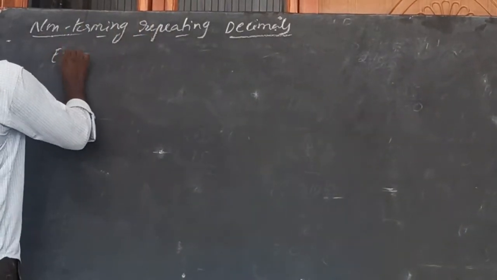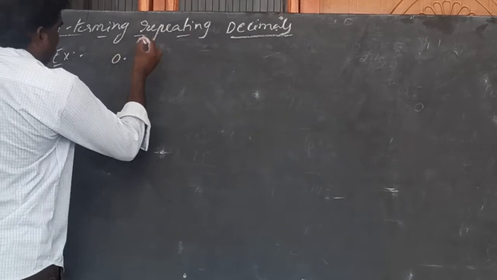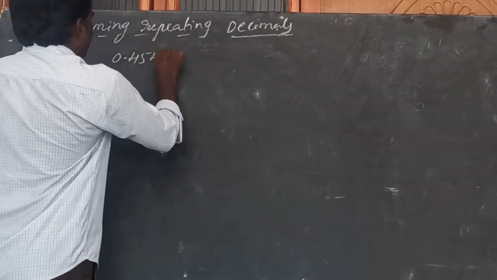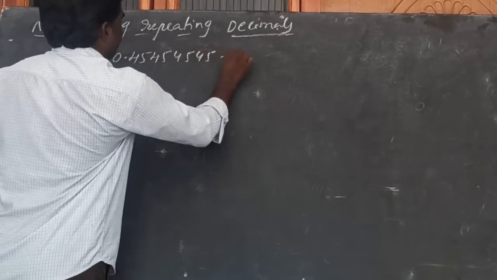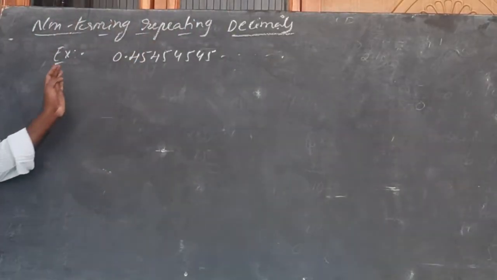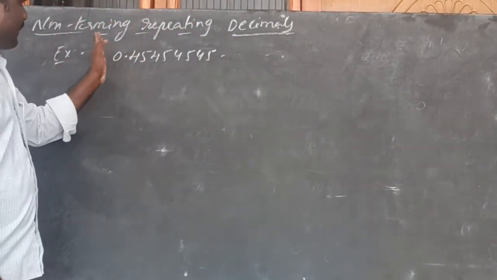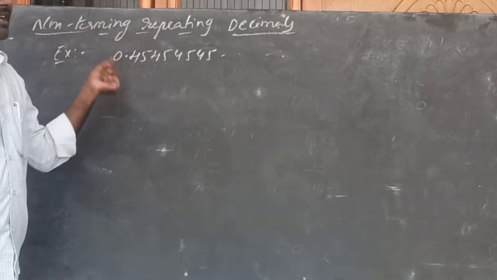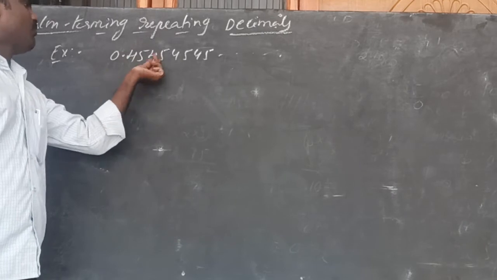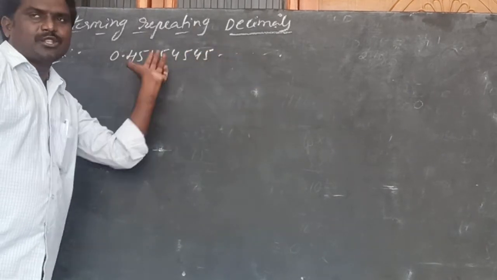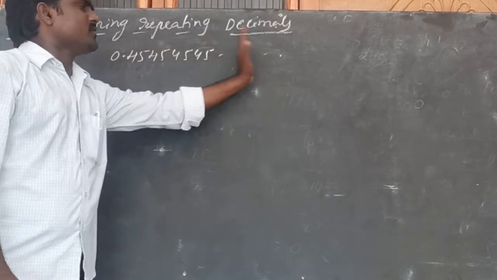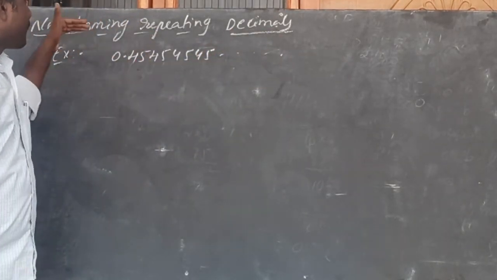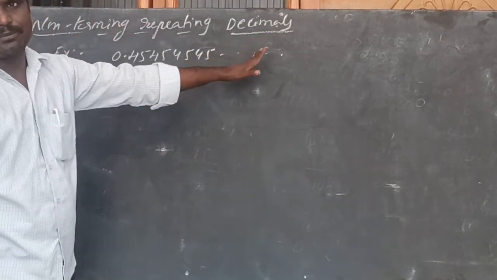For example, 0.45454545 and so on. It is one number. What kind of number? Non-terminating repeating decimals. Here the set of digits 45 is continuously repeated. So we can say this number is a non-terminating repeating decimal.